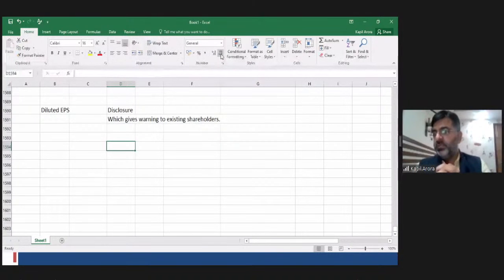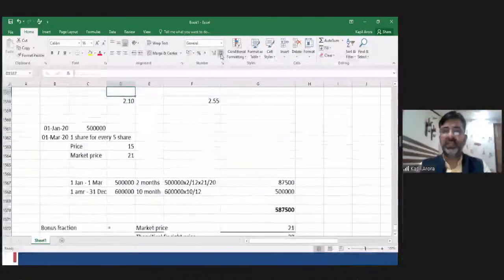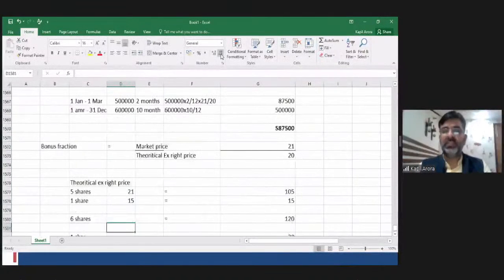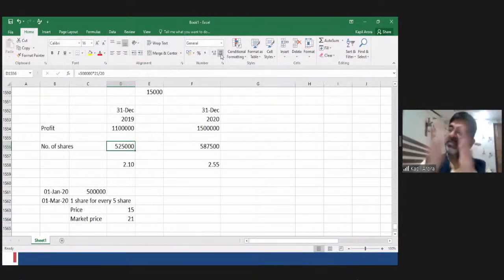Suraj and Prakash, why are we multiplying the bonus fraction to the previous year numbers?